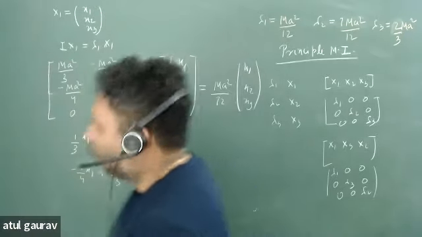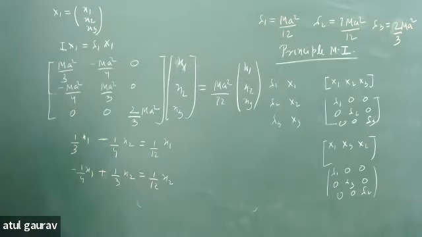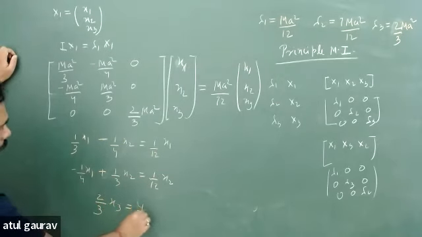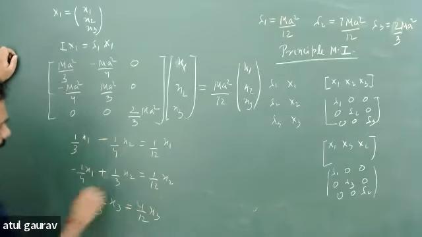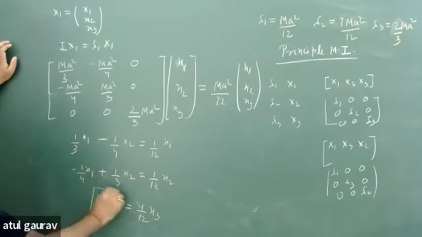And what will come from the third one? When you are going for the third one, you have 2/3 x3 is equal to 1/12 x3. This is what it will be, right? Yes, sir. So what is the value of x3?